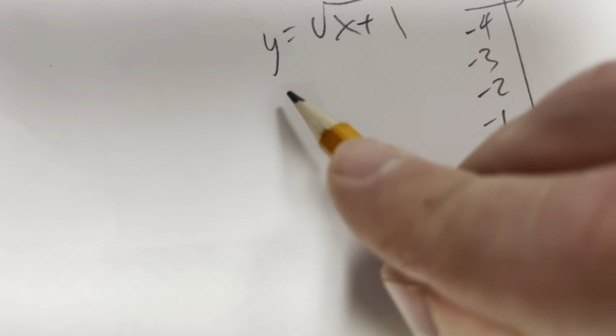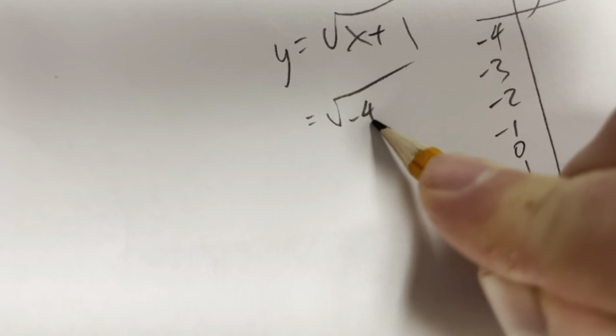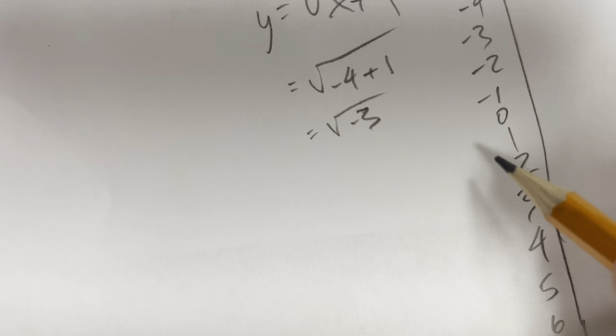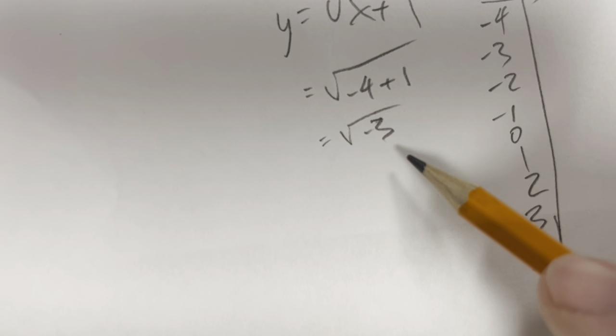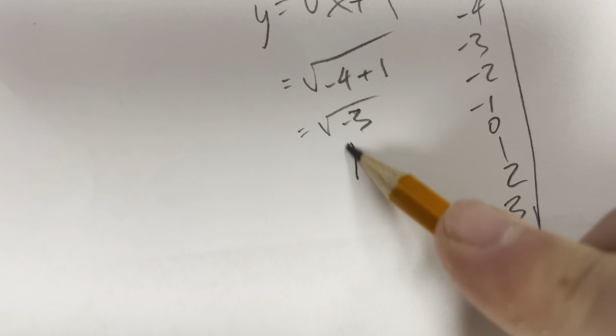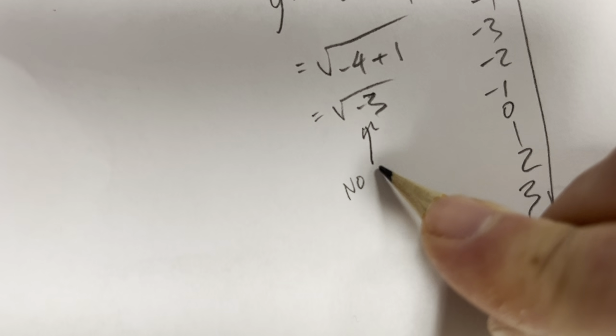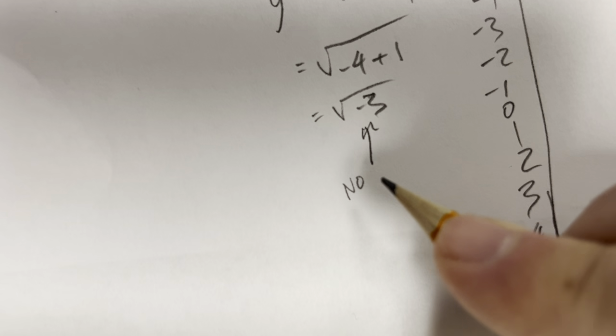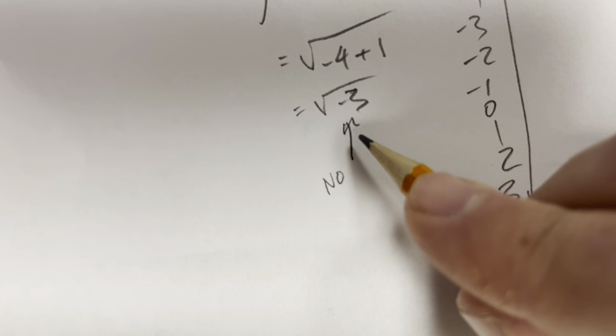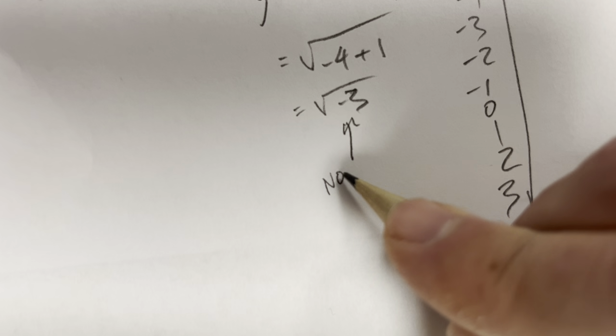Let's go ahead and do this one real quick. The square root of negative 4 plus 1 gives me the square root of negative 3. You put that in your calculator and it's going to give you some kind of error. This ends up being an imaginary number. So if you've got a negative under the radical, for now we'll just say it does not exist.